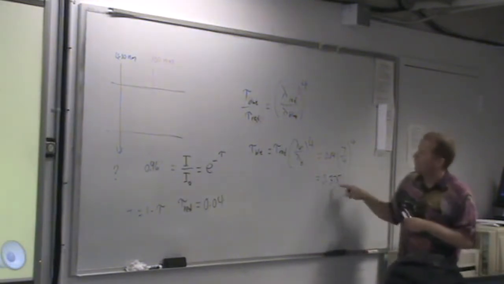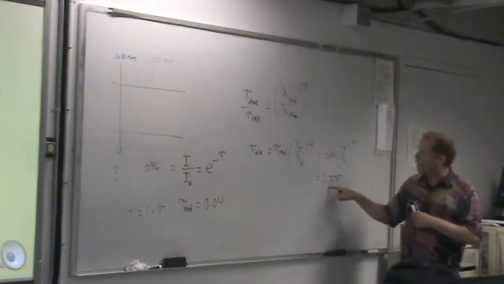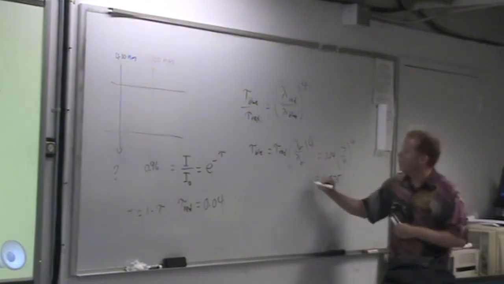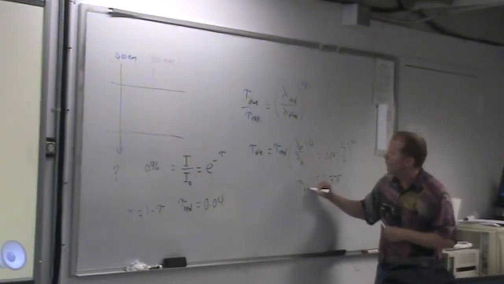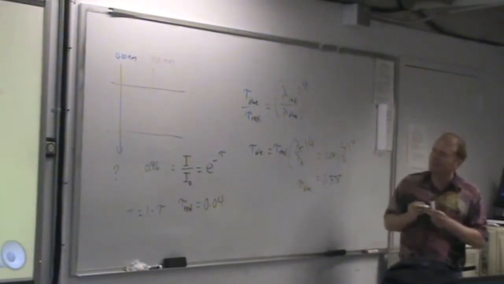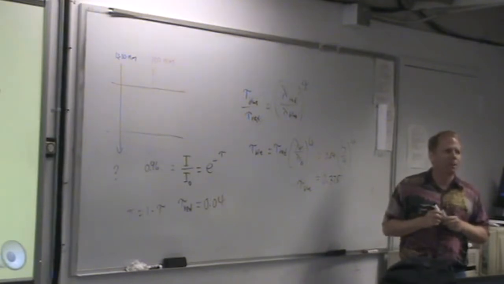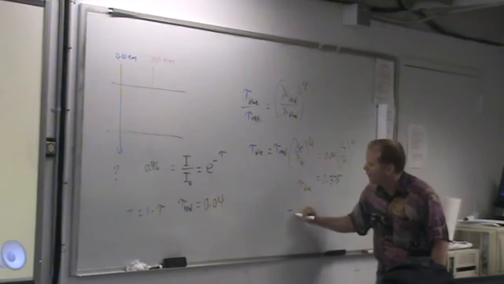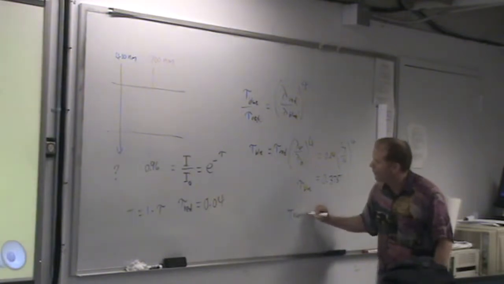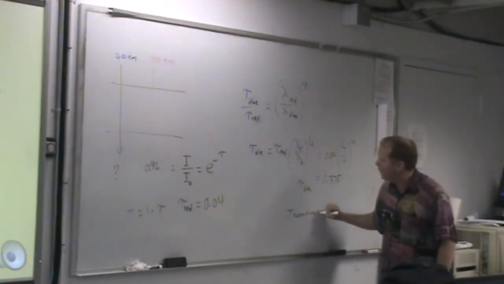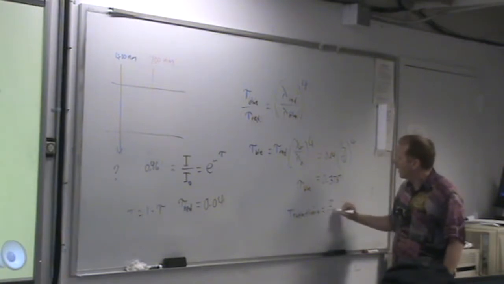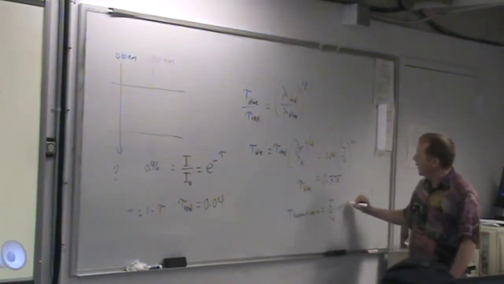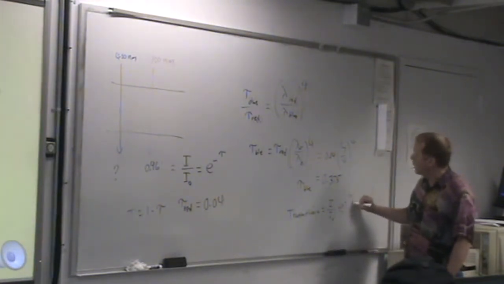Okay, the 0.375. Now that we have the optical depth in the blue, how do we get the transmitted light in the blue? Same thing we had before. Good. Transmittance equal to I over I0 equals e to the minus tau, but this time we're going to put it in the blue.